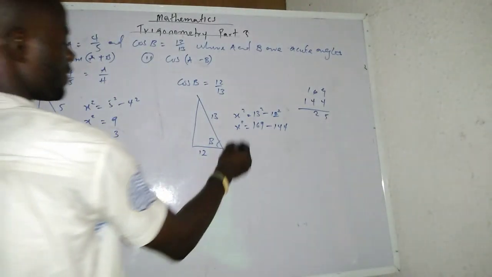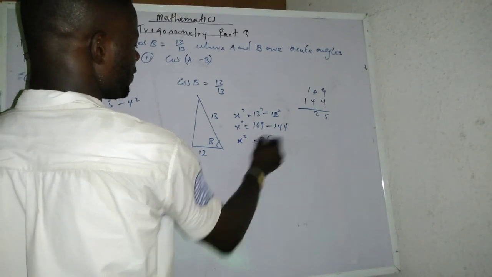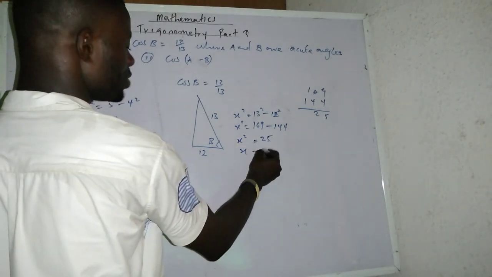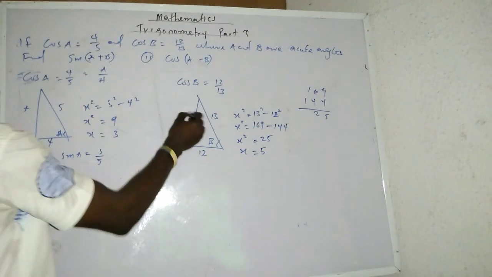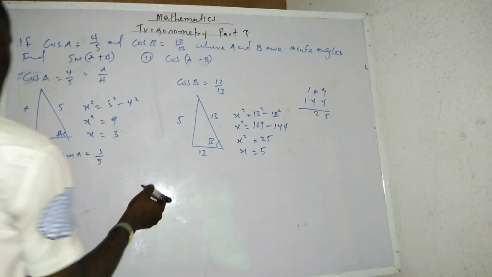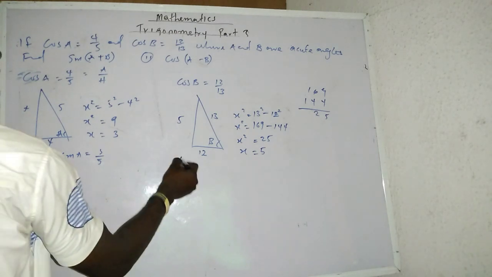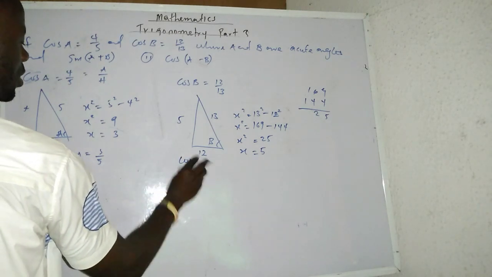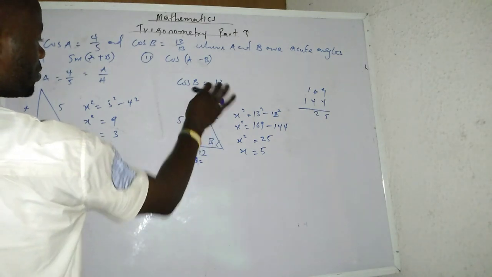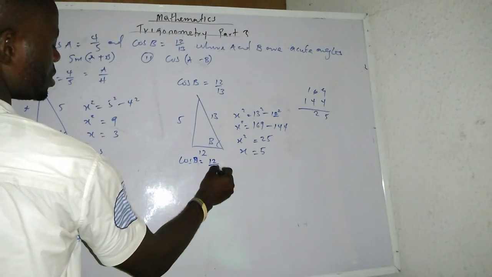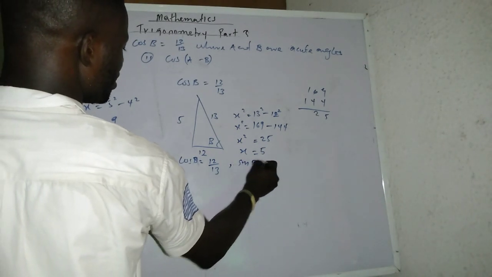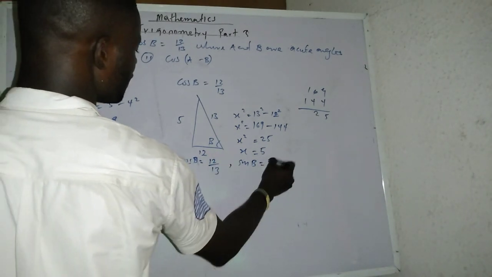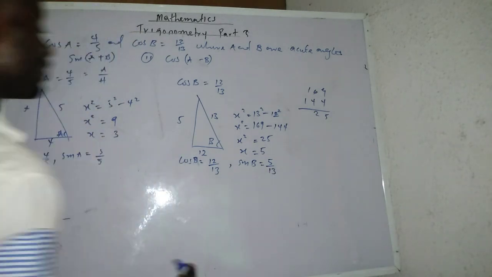Sorry, it will be 25. My x squared equals 25, which means my x equals 5. Now, for my angle B, my cos B equals 12 all over 13. My sin B equals 5 all over 13.